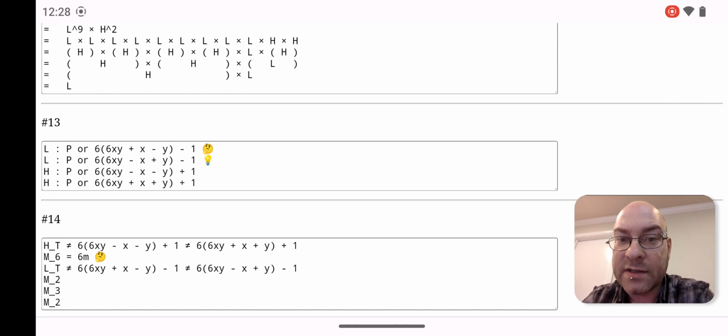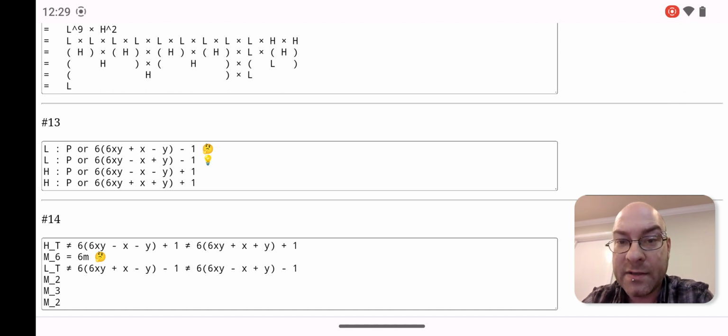And we know that in order for it to be a prime number, it can't be a composite number. So then, since we know what forms composite numbers can take with H's and L's, highs and lows, I've said that this high twin prime cannot be a result of the 6 by 6xy minus x minus y, all of that plus 1.